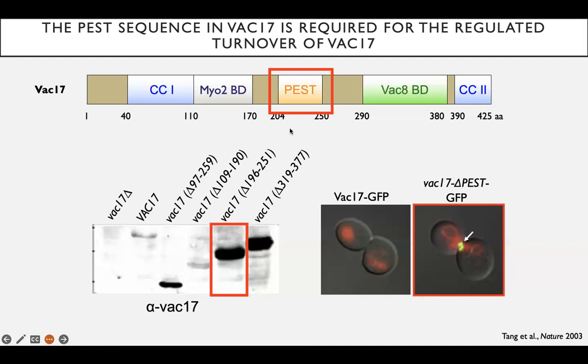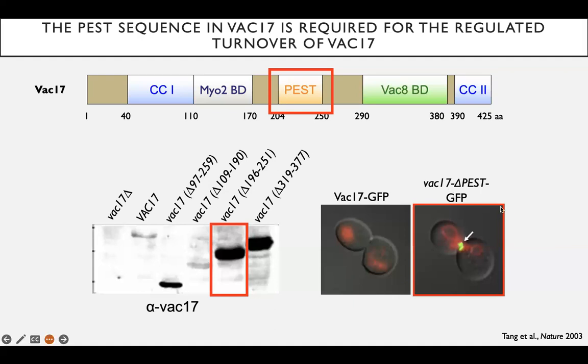And so they were curious if the PEST sequence indeed regulates the turnover of VAC17. So they deleted this chunk, which is shown down here and highlighted in red. When they removed this area of the protein, there was strong accumulation of VAC17 compared to when you just had VAC17 expressed without any truncation to it.